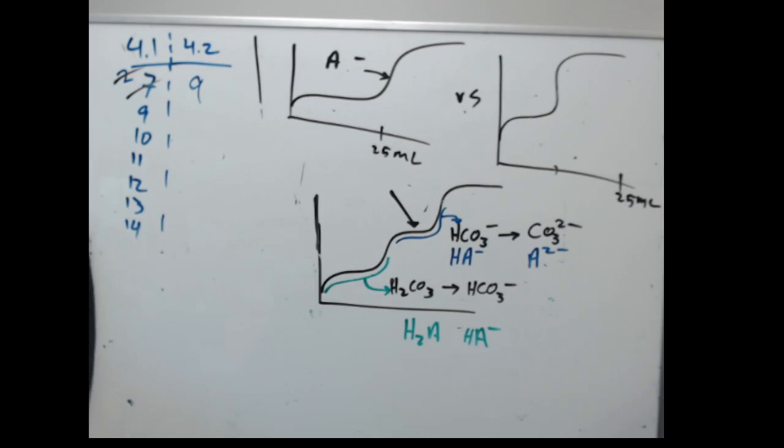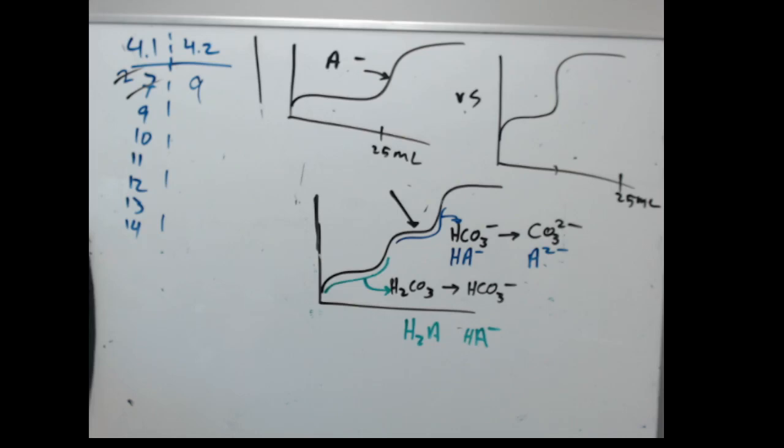Okay, so on curve 1 at the indicated point, which is the equivalence point, what is the dominant species to determine pH? So at the equivalence point, all of our weak acid is reacted. All of our weak acid has become conjugate base. All of our strong base has become water, essentially, by reacting with the weak acid.